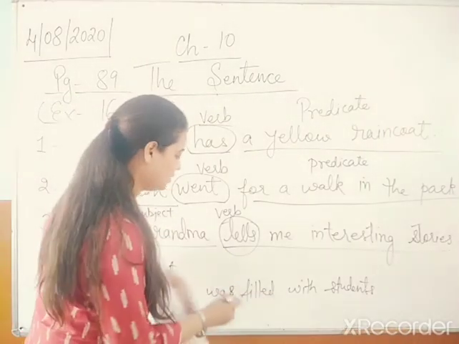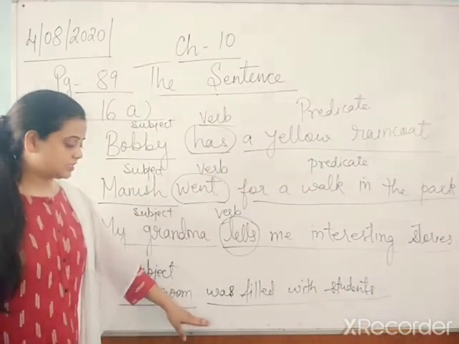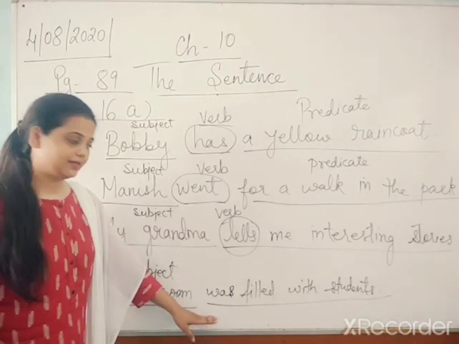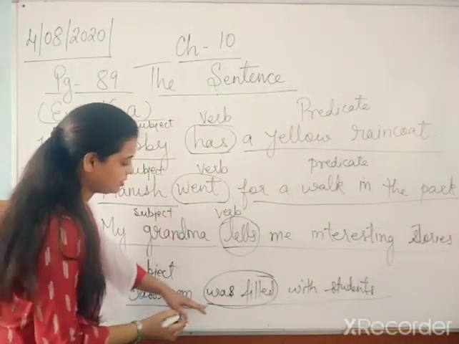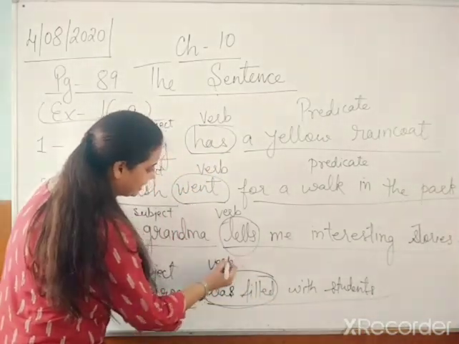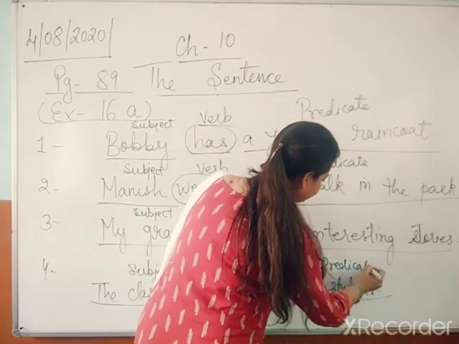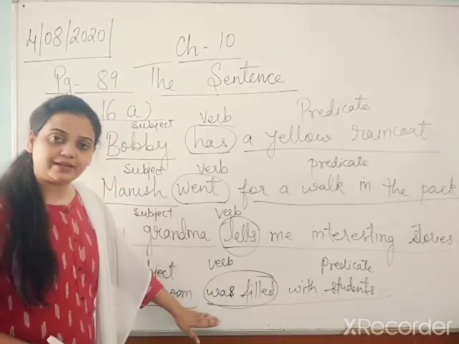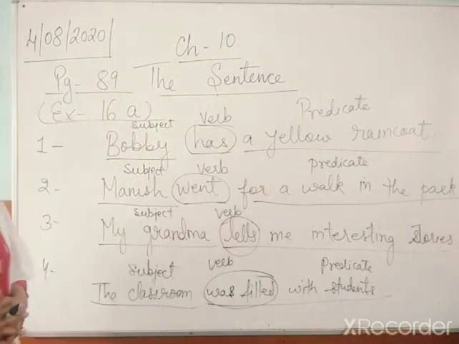That was filled with students. This is your predicate. Okay. Now, just find out the verb from this predicate. The verb is was filled. Okay. This was filled is your verb, and the rest of the sentence is your predicate. This whole is predicate, but we have to segregate the verb. So I have circled the verb. Clear?